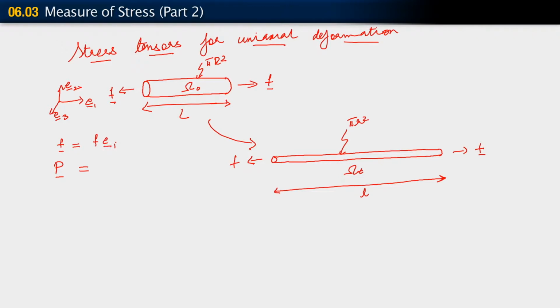F without the underbar is just the magnitude of F. So then P equals little f over pi r square E1 tensor E1. Sigma is little f over pi little r square E1 tensor E1.